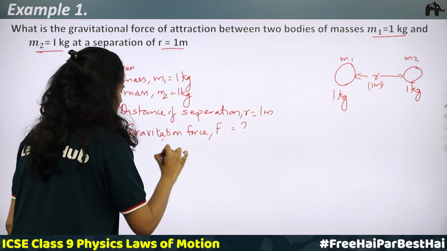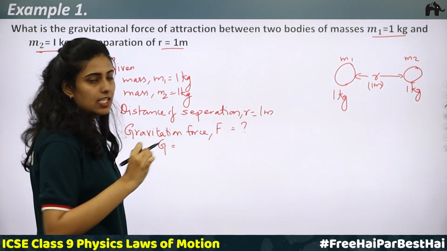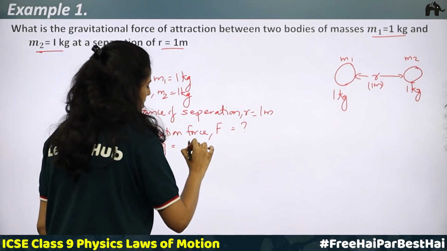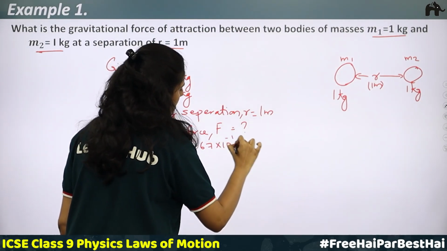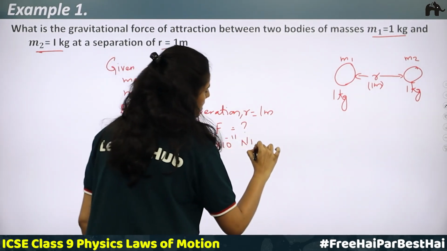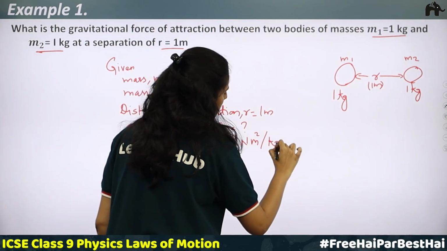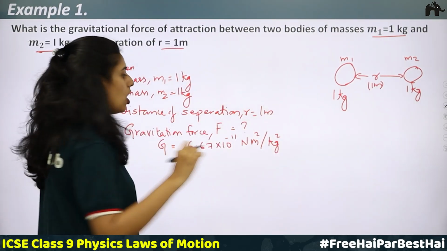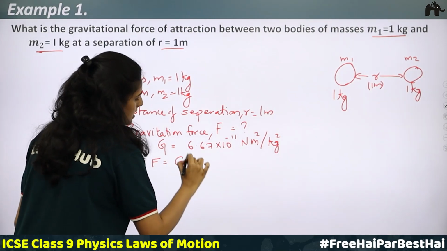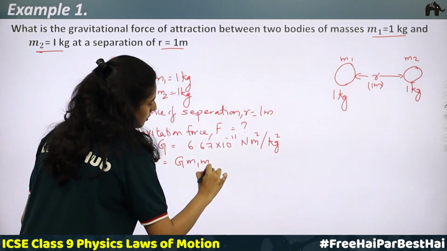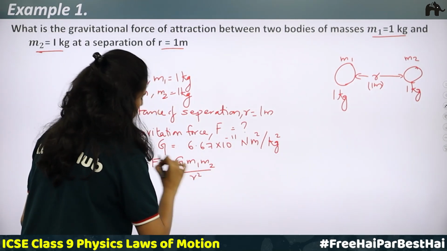We have gravitational constant G. What is the value of G? Gravitational constant G is equal to 6.67 into 10 raised to minus 11 Newton meter square per kilogram square. Now, how to find the gravitational force? F is equal to, what is the formula? G M1 M2 divided by r square.